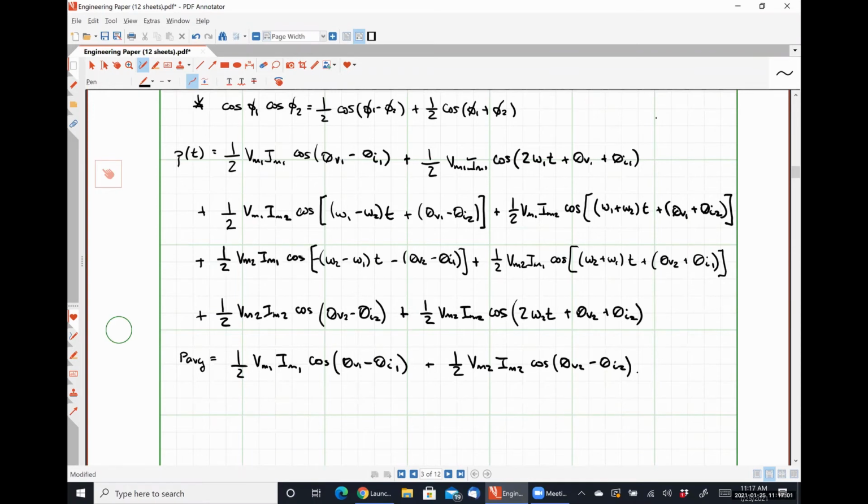And again, recognize that, let me put some arrows here. These guys operate at omega 1 minus omega 2.